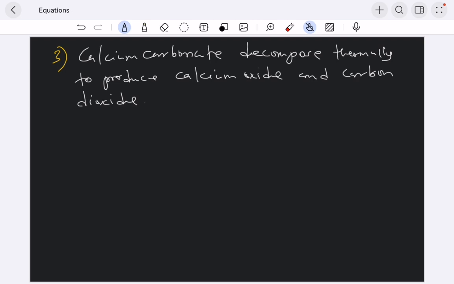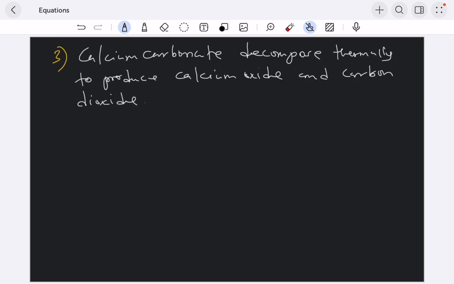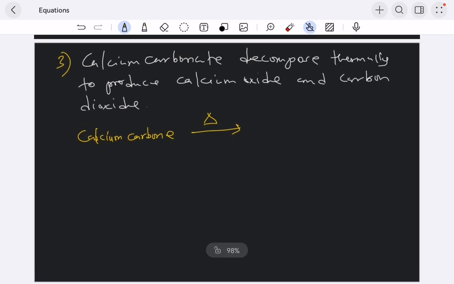So to write this as a word equation, this means calcium carbonate, so decomposes thermally. We use this to represent heat.